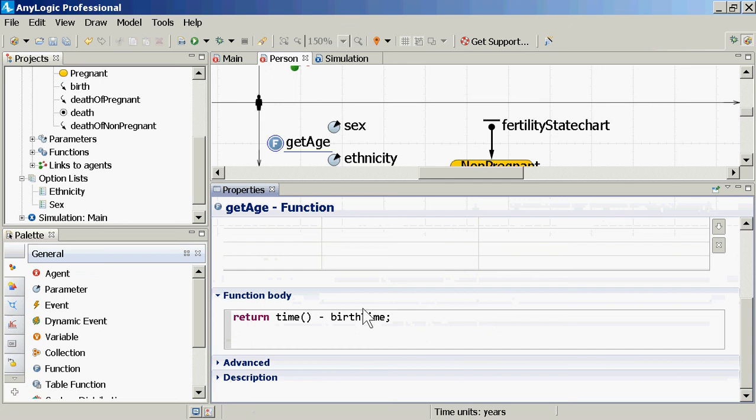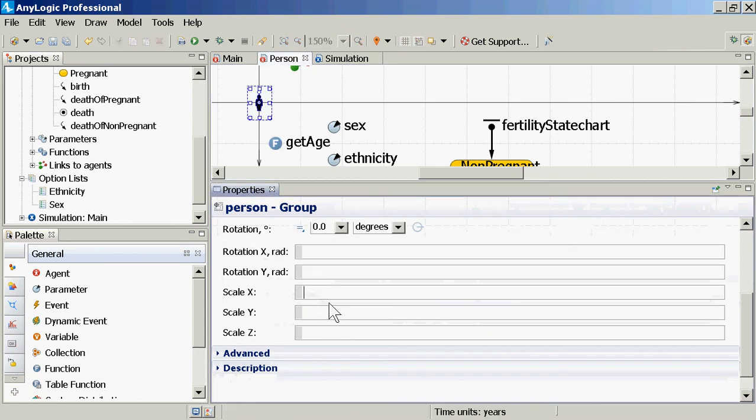Okay? Current time minus the birth time. And then I would set their characteristics visually according to get age. So I could set the scale according to the log of get age plus 1, and similarly for Y and similarly for Z. Okay?